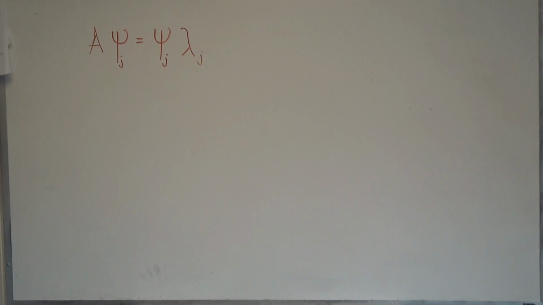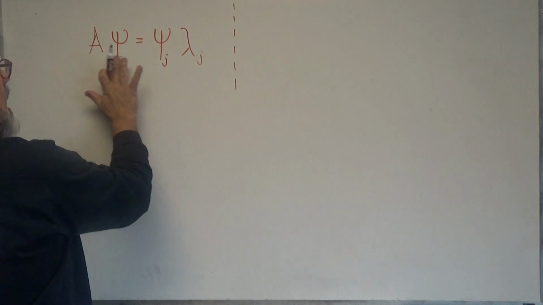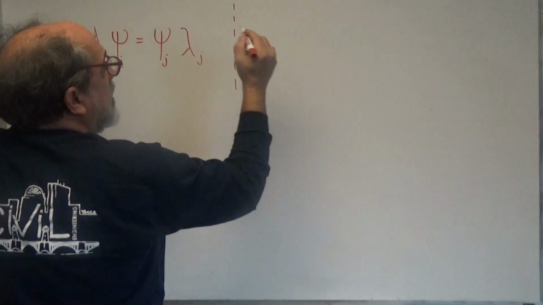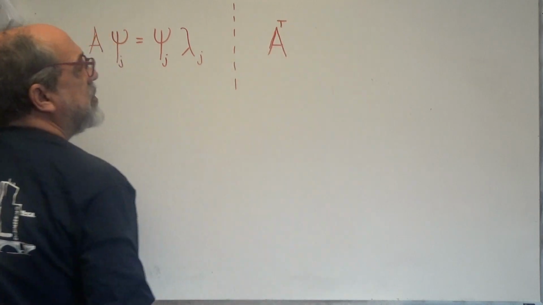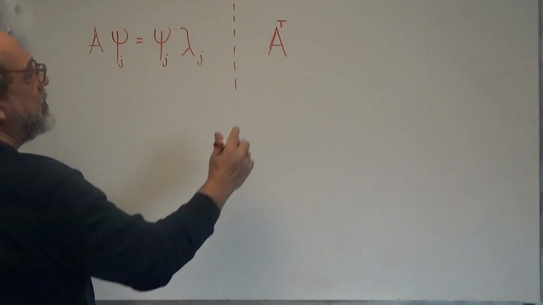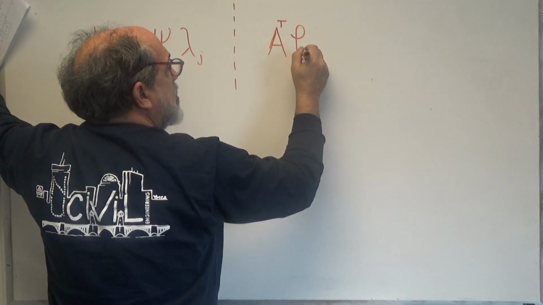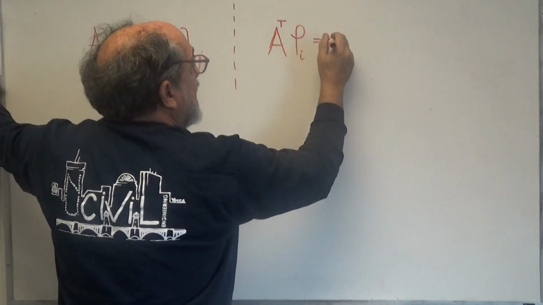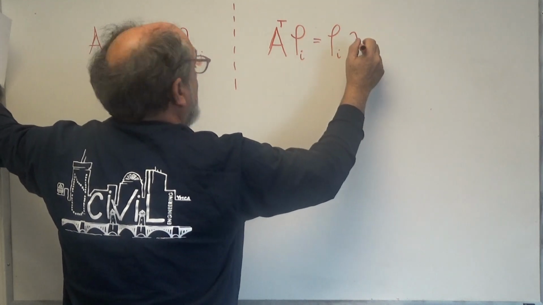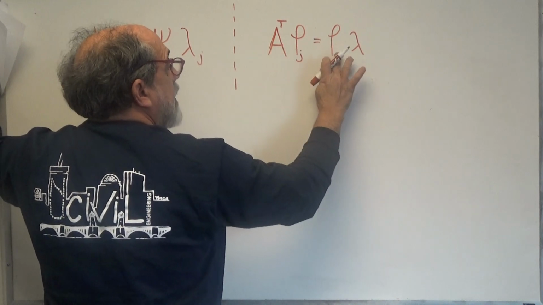Now, that's the eigenvalue problem for A. A question that comes to mind is, what does the eigenvalue problem look like for A transpose? Well, I don't know if the eigenvectors are the same, so I will have to call this some other symbol. So I'll call it, let's say, C, right? But what I do know is that the eigenvalue is the same. Actually, I was using j, so let me just use j, right?